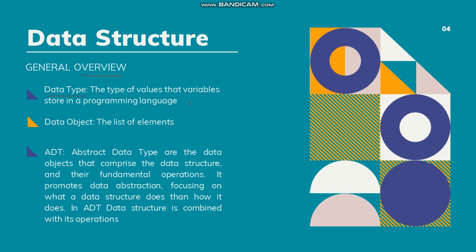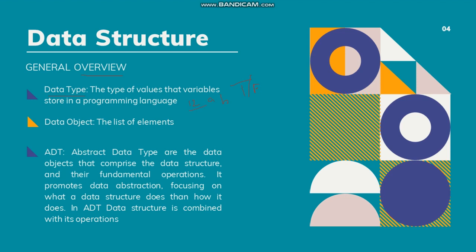The one holding the numbers is a numeric type, the second was the character type, and the third was the boolean type. We'll be discussing these more in the coming slides. The second is the data object, the list of elements. If I say there's a list of numbers, that becomes the data object.